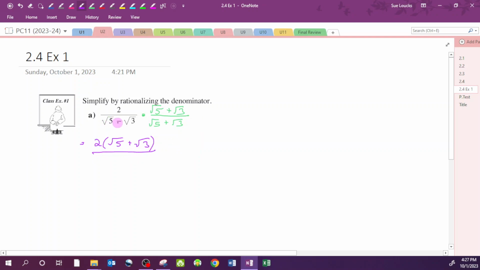And then the bottom part, don't get caught taking too many shortcuts with this. I'm going to grab this piece of it, come over to the side, and do the square root of 5 minus the square root of 3 times the square root of 5 plus the square root of 3.